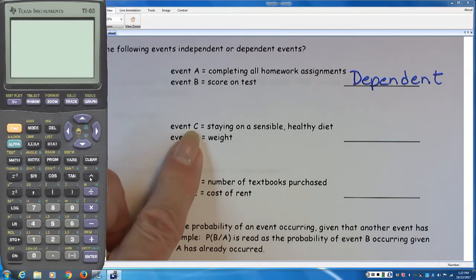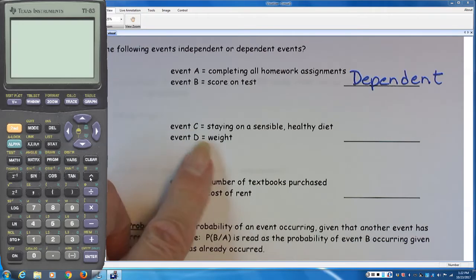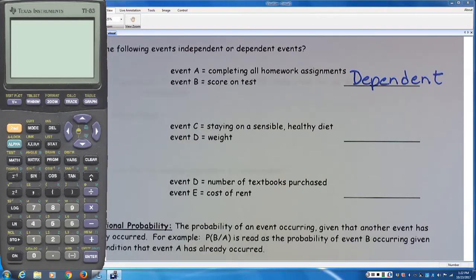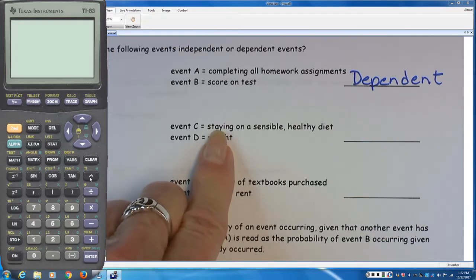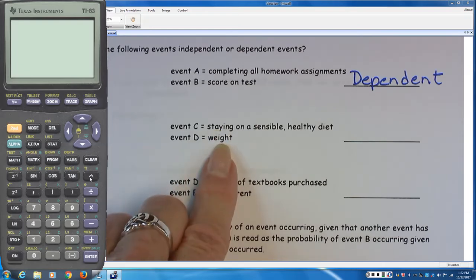Event C is staying on a sensible, healthy diet, and event D is your weight. Does one influence the other? Yes. Now, does it matter if I say weight influences being on the diet? No. I mean, likely, if my weight's good, it doesn't mean necessarily that I ate a good, healthy diet.